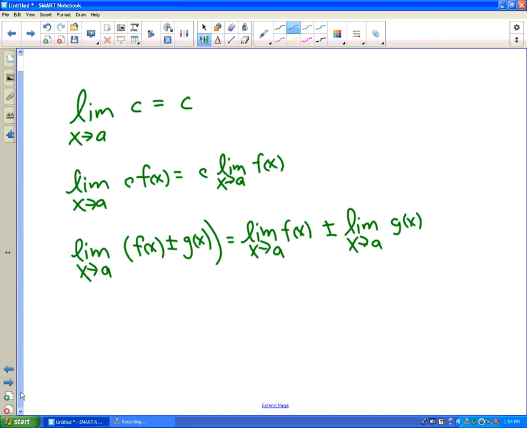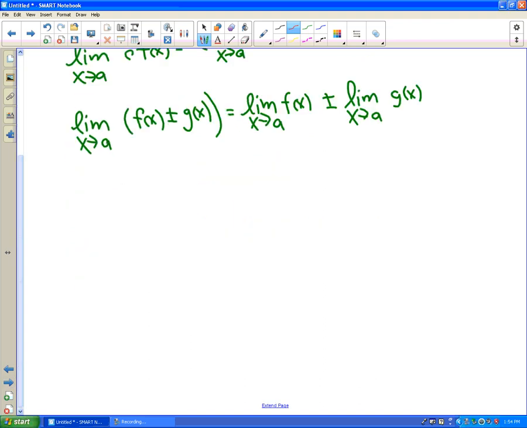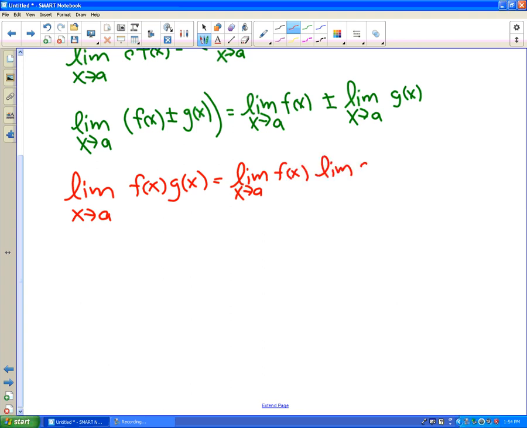Let me come back to this page and add the property that she's talking about. If we take the limit as x approaches a number of a product of two functions, that's the same thing as taking the limit of the first function times the limit of the second function.